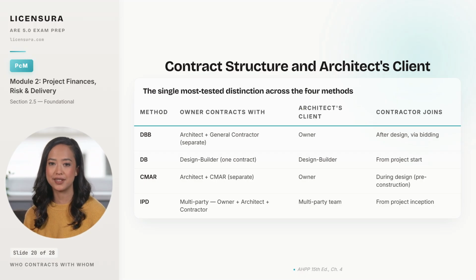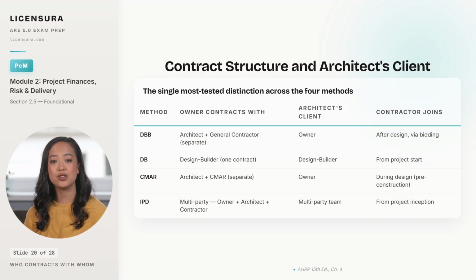Design, build. The owner holds one contract with the design builder, and the architect's contractual client is the design builder, not the owner. The contractor is engaged from the very start of the project. CMAR.